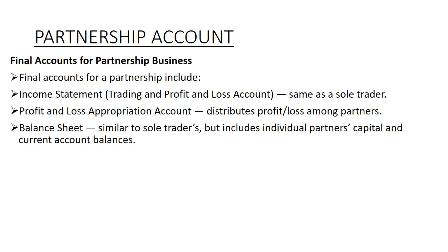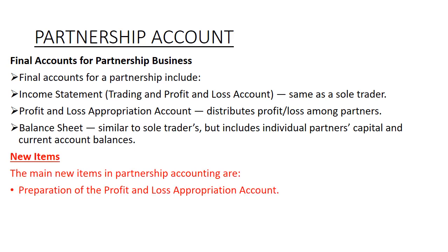So in a nutshell, the new changes are: one, the preparation of the profit and loss appropriation account, and also the partners' current accounts that must be in the balance sheet. These are the two additional items that make the partnership's final accounts different from those of a sole trader.